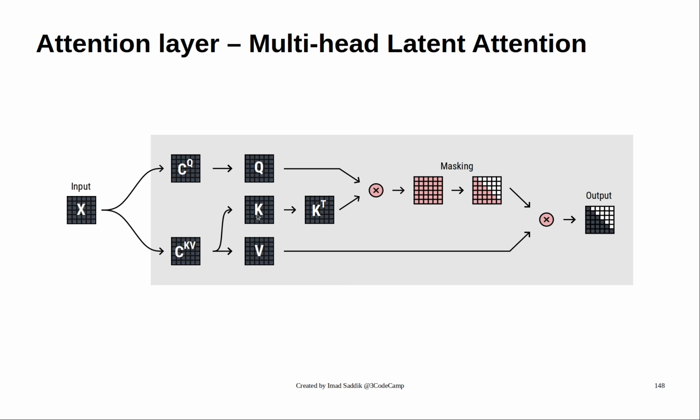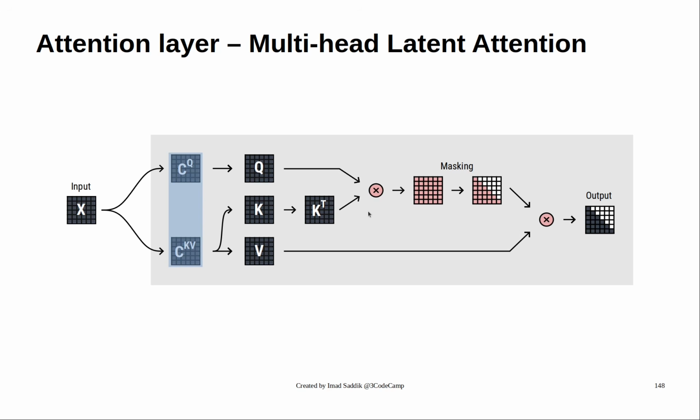Now let's see how this method is implemented. I want you to focus on these two matrices. Here, as I told you, instead of projecting X into the three matrices, key, query, and value, we are going to have an intermediary step. This is called compressed query, and this one is compressed key and values. From these latent representations, we are going to get the query, key, and value.